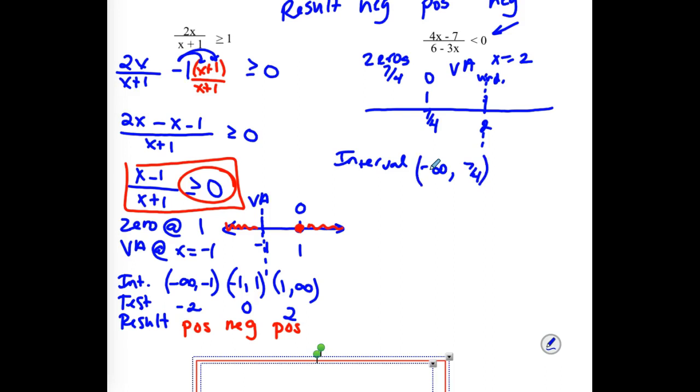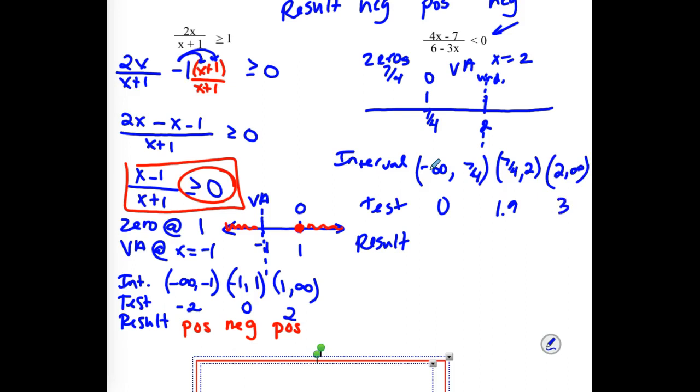So we need something to the left of 1.75. What did you use? 0. Okay. Next interval was the 7/4 up to 2. What number did you try in there? 1.9. And then we had an interval from 2 to infinity, and you tried 3.